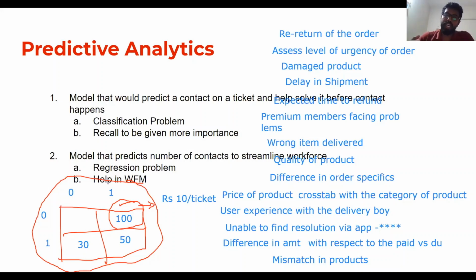So in this scenario, the second kind of solution, you are basically giving the choice to the stakeholder that, okay, I am going to help you manage your workforce better. Now, there will be different evaluation metrics in the second scenario, right? It will be more to do with the R square metric, and how well the model is fitting in regression terms, and not the confusion matrix.